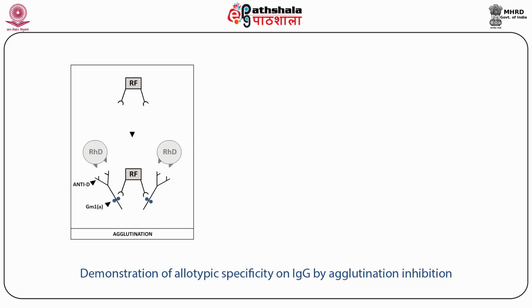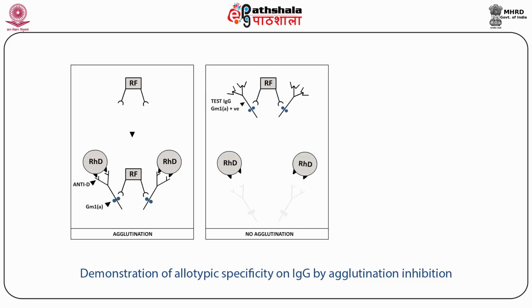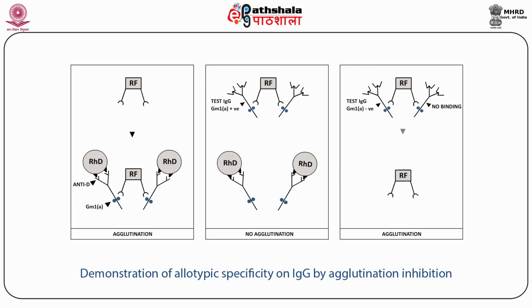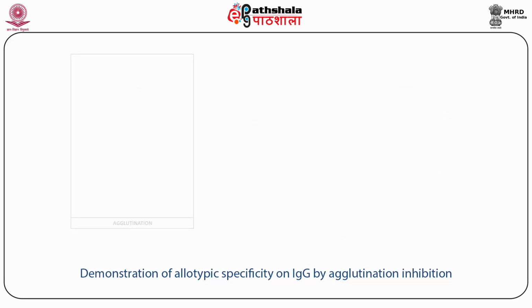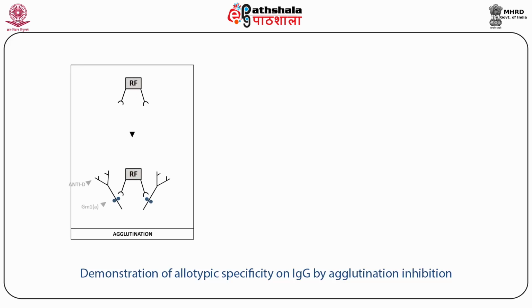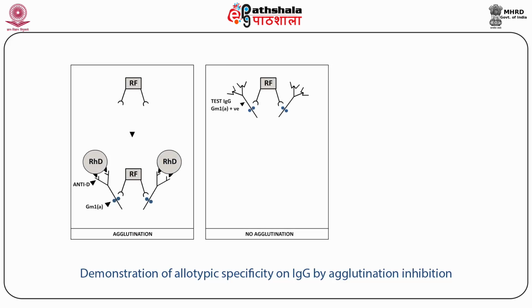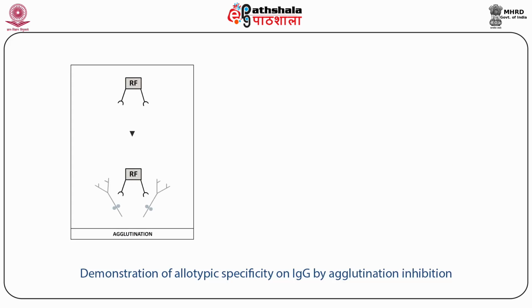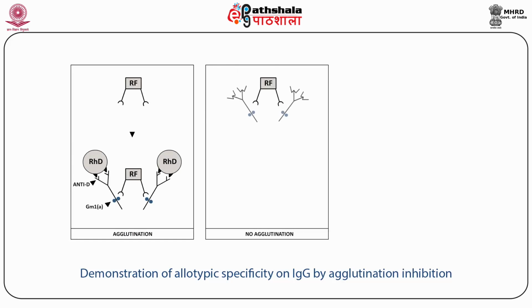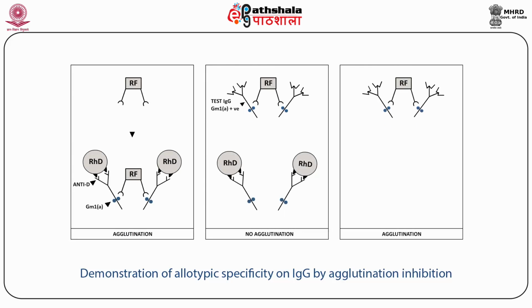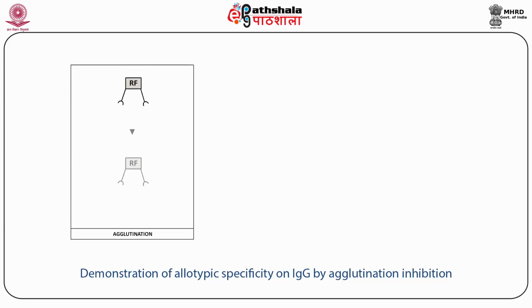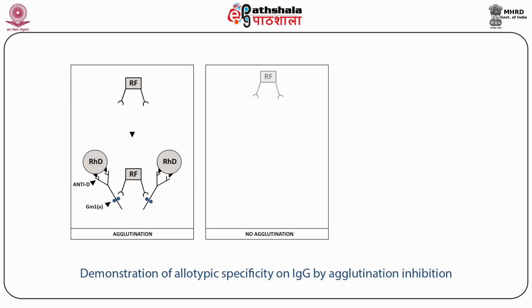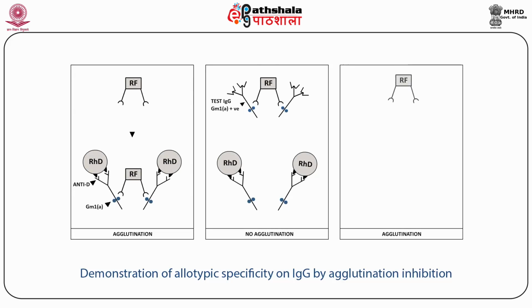In humans, 25 GM markers on IgG, groups on the gamma heavy chain, and 3 on the kappa constant regions are known. Allotypes are also known in other animals such as mouse or rabbit. Allotypes have been recognized by using red cells coated with anti-Rh bearing the GM allotype and agglutinating these cells by mixing with anti-GM antibody.